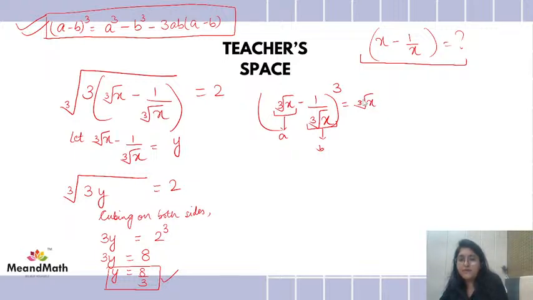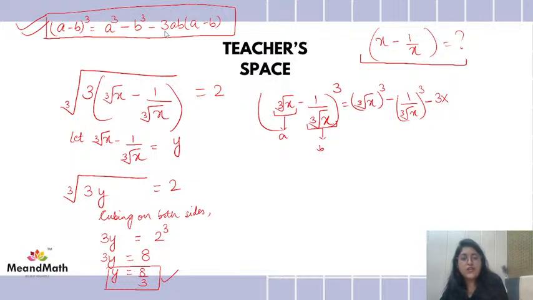A cube minus B cube minus 3 times, what was the formula? A cube, I've done A cube. Then this was B, I've done B cube.